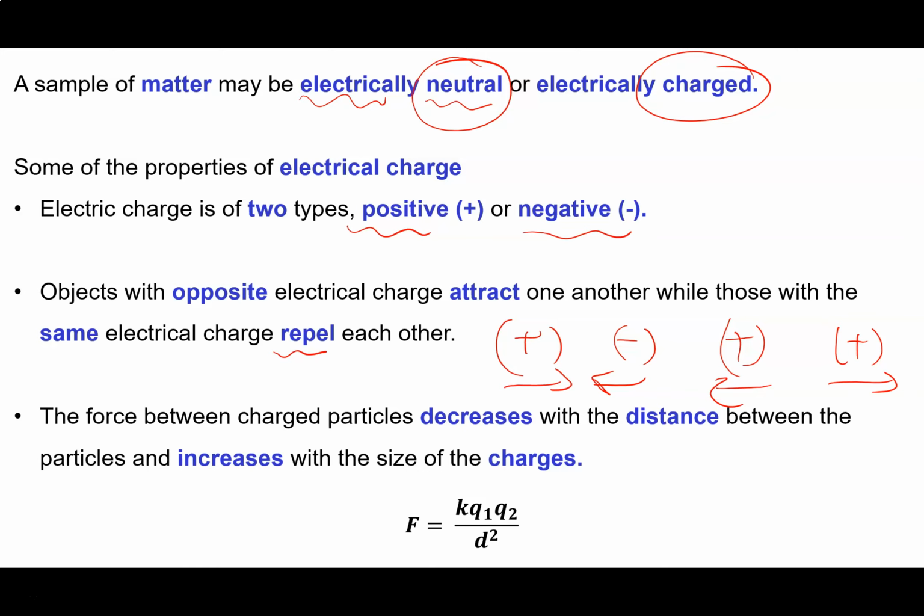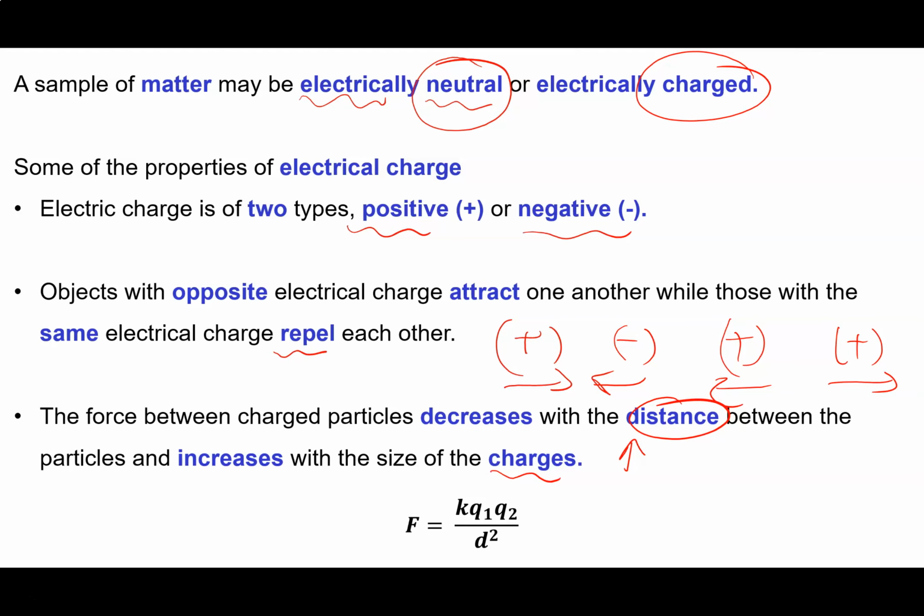Well, it depends on two things. It depends upon the size of the charge, and as the size of the charge goes up, the force of attraction or repulsion goes up. It also depends upon the distance between the particles, and the rule there is that as the distance gets smaller, the forces between the particles get stronger.